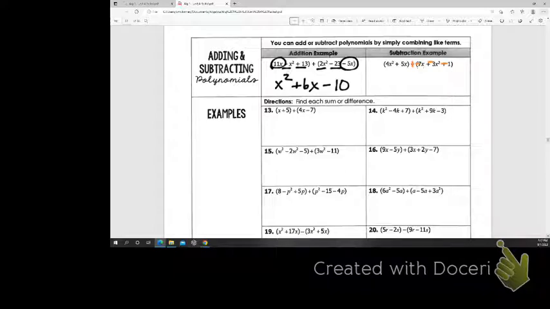So if they had been negative, they would become positive. Because they're all positive, maybe just as easy to think of it as subtraction. But 4x squared, negative 3x squared, x squared, 5x and negative 7x, negative 2x, and then minus 1.